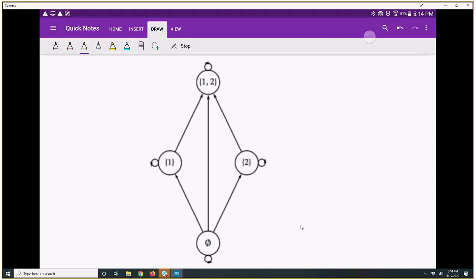So those are these edges here, 1, 2, and 3. And the empty set is also a subset of itself, so it has a loop here, initiating at itself and terminating at itself.